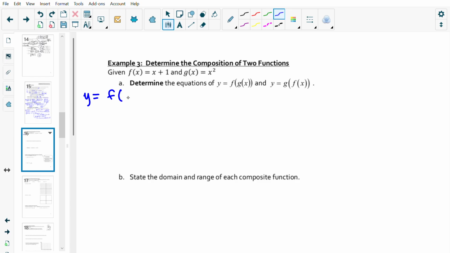Y equals f of g of x. Okay, I'm going to substitute. So f of g of x equals, I'm going to substitute g of x into f of x. So I have x squared plus 1, and that's just x squared plus 1.